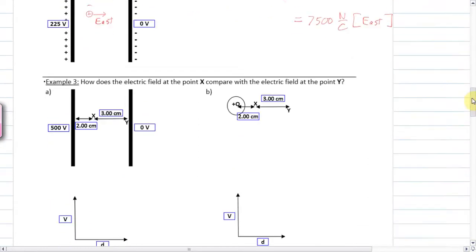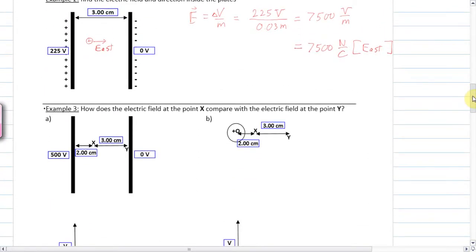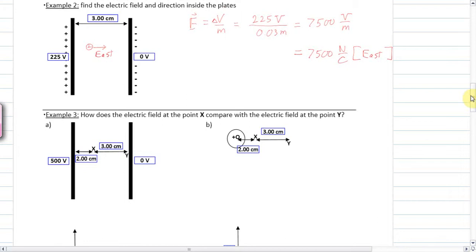Okay, and let's do example number 3. How does the electric field at point X compare with the electric field at point Y? And we're doing it for both A and B.